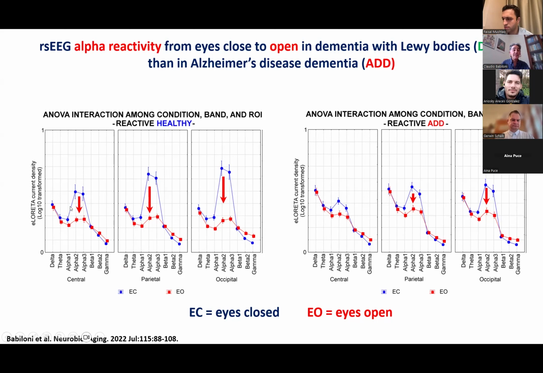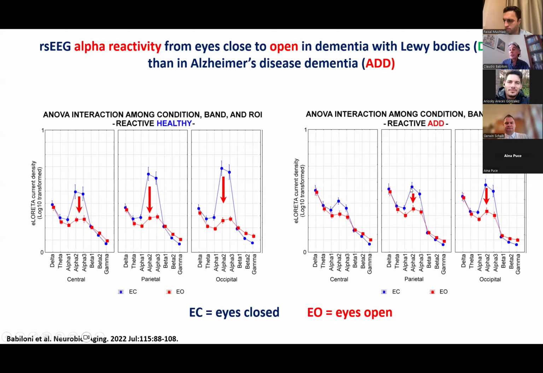You see in the vertical axis the cortical activation in the sources for delta, theta, alpha, beta, and gamma frequencies in the horizontal line, and 3 cortical regions of interest in the source space, LORETA source space. And you see that in blue you have the eyes closed condition with a peak of activity in alpha in the parietal occipital areas during eyes closed, and a big drop of alpha as expected during eyes open in red. These are group data. And on the right side, you see the same conditions in Alzheimer's disease with dementia patients.